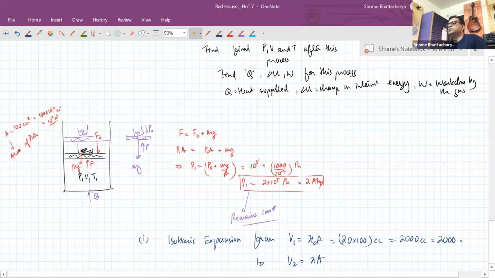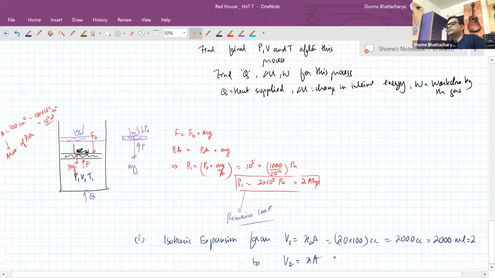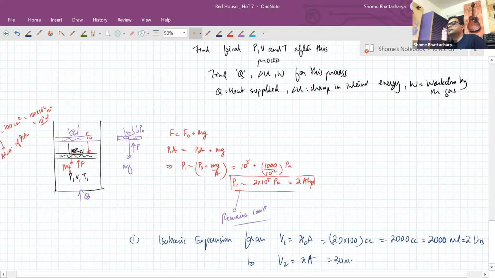That's the same thing as 2000 milliliters. It's 2 liters to 3 liters.